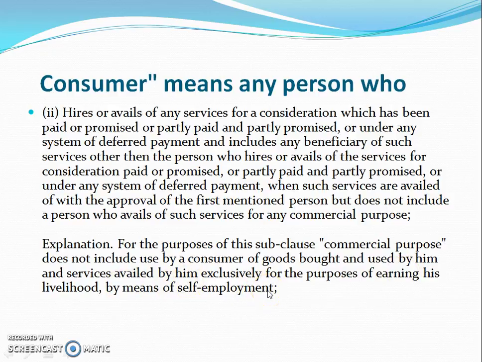The idea was to exclude big business houses from getting the benefits of the simpler procedures of this act. But if it seems to be a commercial purpose, but it's not, he's just generating self-employment for himself, he's not creating employment for hundreds of people, then he will be accounted for a consumer.